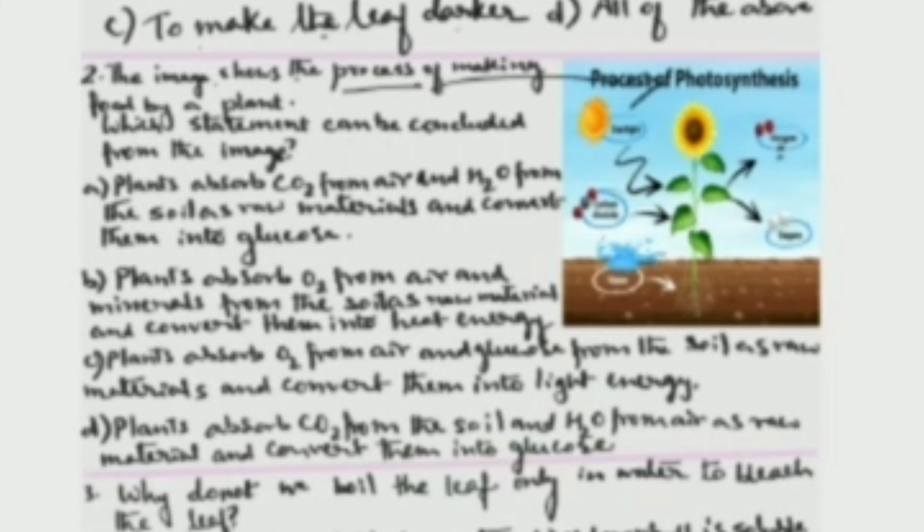In the process of photosynthesis, what is used? Carbon dioxide. From where? From the air it is taken through stomata, and water is also taken, and glucose is produced. So the raw materials are carbon dioxide and water, and the product is glucose. In the other options, there are some wrong statements given, like carbon dioxide is taken from the soil, which is very incorrect.